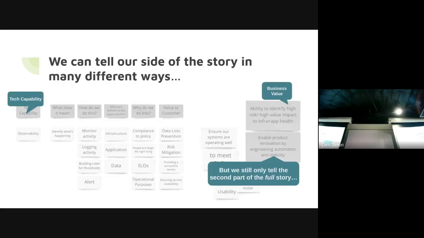But any story we tell is only telling the second part of the story. And I do want to emphasize here that it's not that the second part of the story is not valuable. It's just that it's dependent on us getting the first part of the story right.